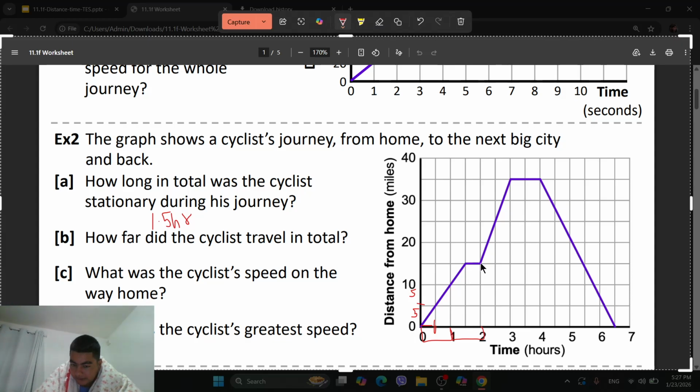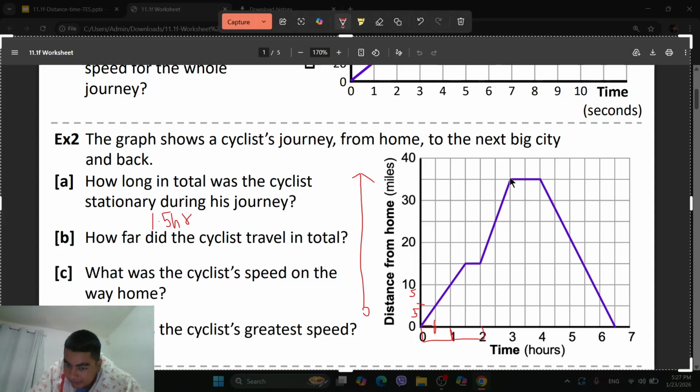And for the next time unit, it traveled till this is 30, so 35, right? Imagine the cyclist cycling along this road, so he traveled along this distance axis. He traveled a distance of 35 miles to here. This is 30, so 35. And then while coming back, he traveled another 35 miles, isn't it?